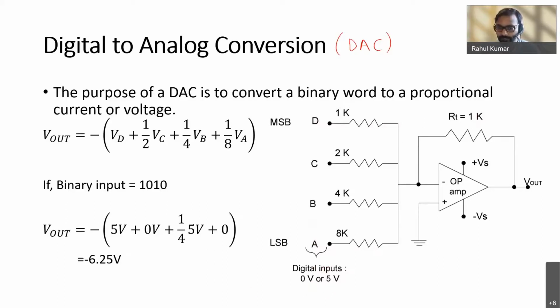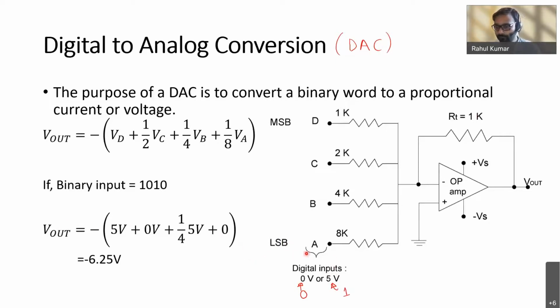So if one of the inputs is 0, the corresponding input should be 0 volt. And if the binary input is 1, then you should have 5 volt at that input. Okay.